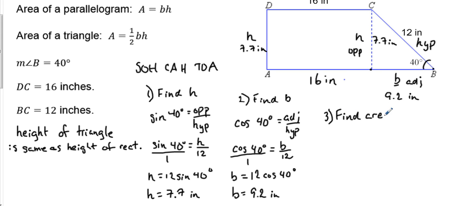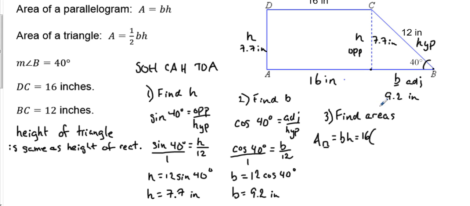Step 3 is going to be to find the areas. So first up, let's find the area of the rectangle. And the formula is base times height. Now, the base of the rectangle, we said, was 16.